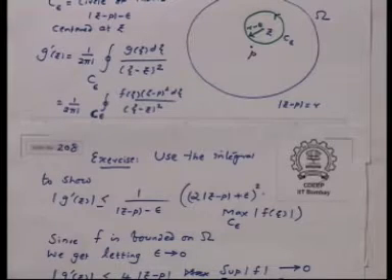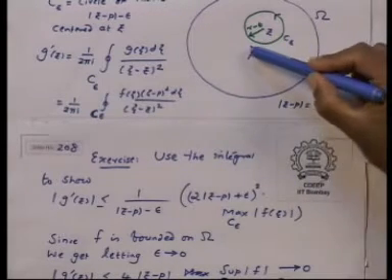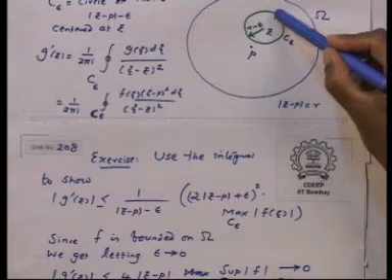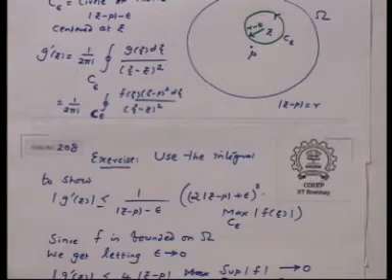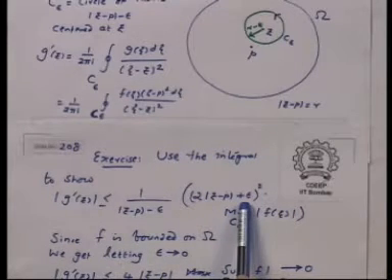Your zeta is moving around the green circle. What is the distance of zeta from the center? Maximum distance will be when zeta is right opposite, and then the distance will be twice the radius plus epsilon. That small tukda will add up, no? That is exactly what you have here.